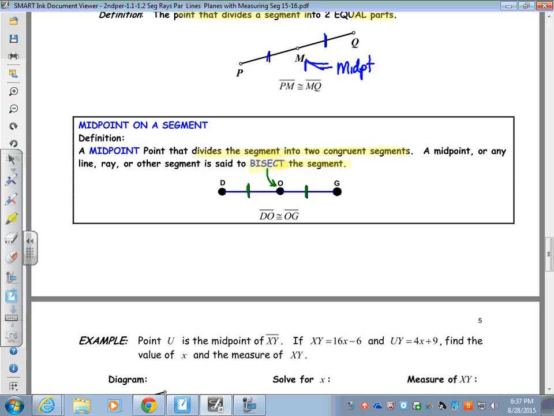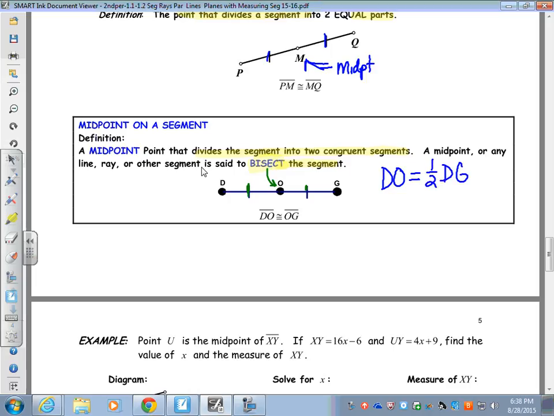So besides knowing that you have two congruent parts, you need to also know the relationship. Okay? If I know that segment DO is congruent to OG, then I also should be familiar that the length of DO is equal to, notice I didn't put a segment because I'm talking about the length, the length of DO is equal to half the length of DG.